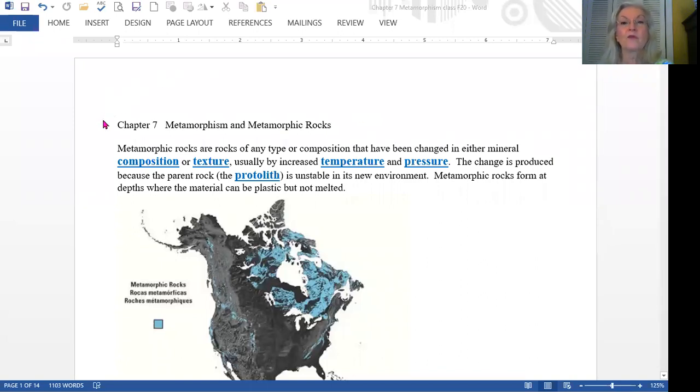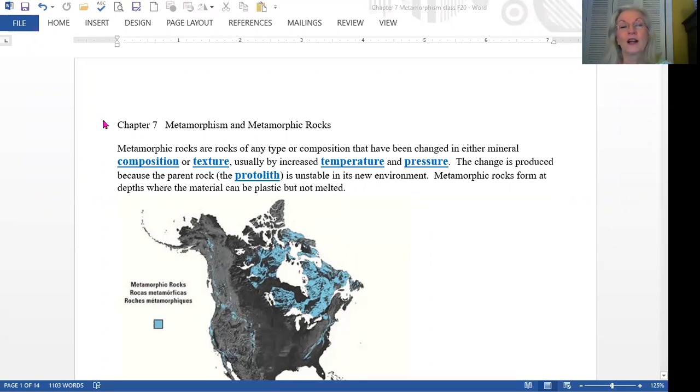So Chapter 7 is on metamorphism and metamorphic rocks. These are a little different from the other two types of rocks we've talked about. A metamorphic rock starts out as a rock and then turns into a different type of rock. So it may start out as a sedimentary rock and then undergo tremendous changes in temperature and pressure, and now it's a metamorphic rock.